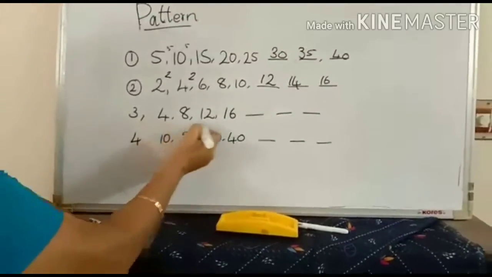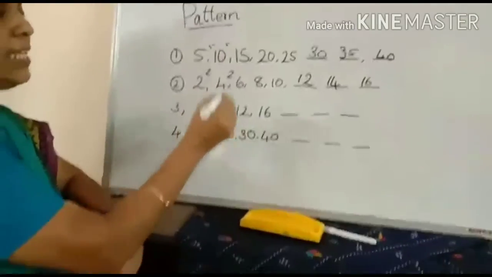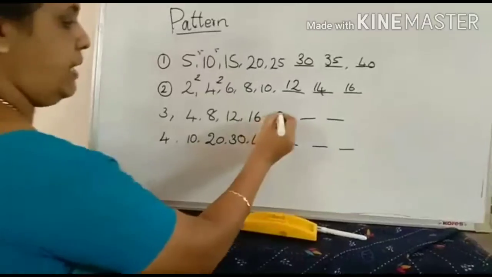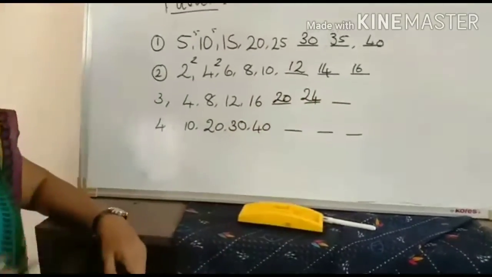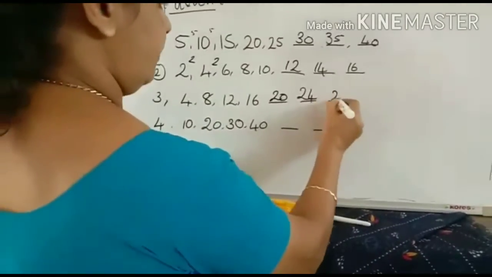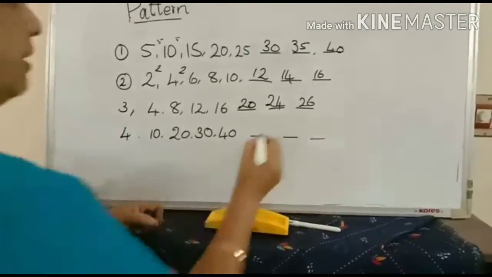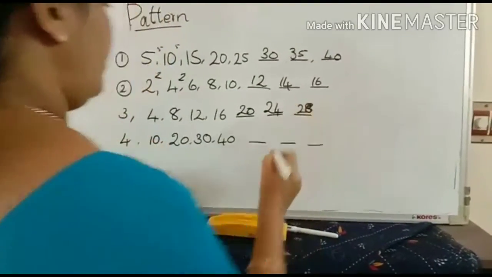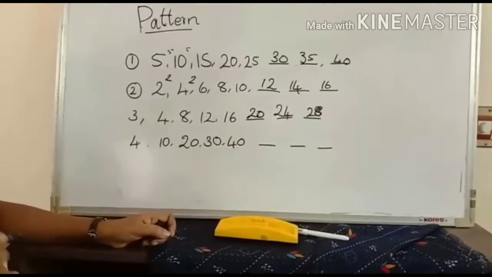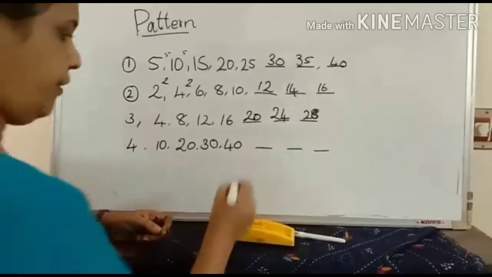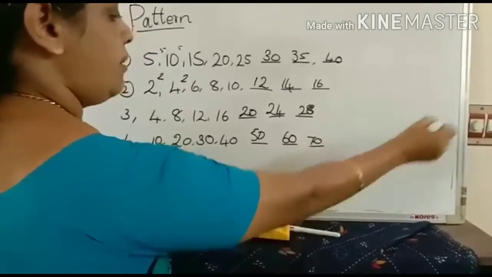Then we understand that this pattern is adding 4. 4, 8, 12, 16, then next one 20, 24, 28. Then last one, 10, 20, 30, 40, then 50, 60. All of you know that, isn't it? 70, 80, and so on.